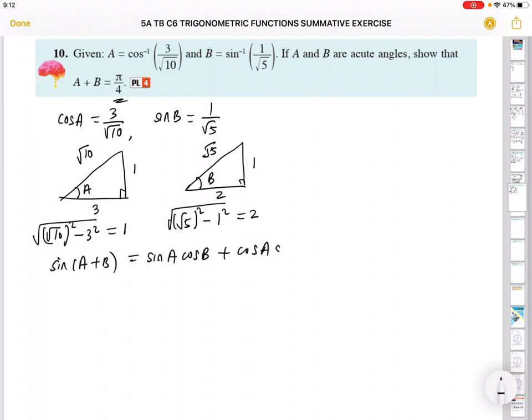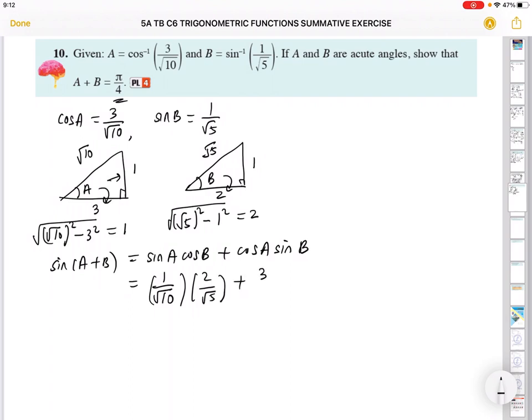Cos B is adjacent 2, hypotenuse square root 5. Cos A is adjacent 3, hypotenuse square root 10. Sine B is opposite 1, hypotenuse square root 5.